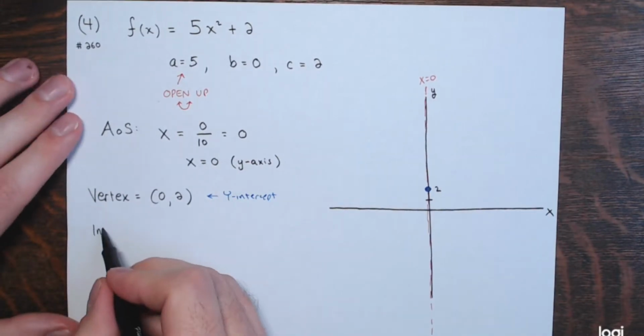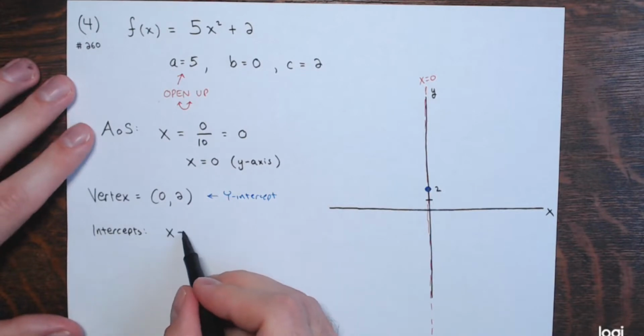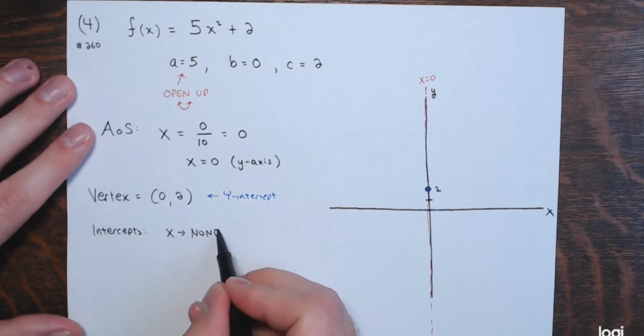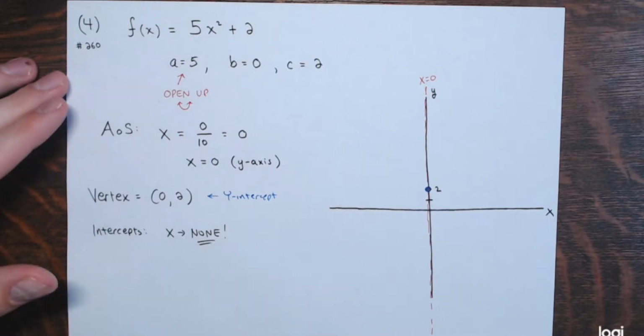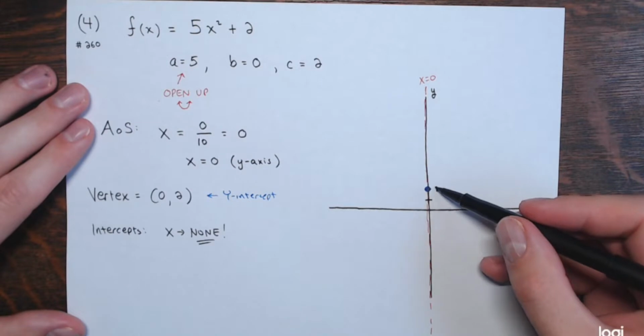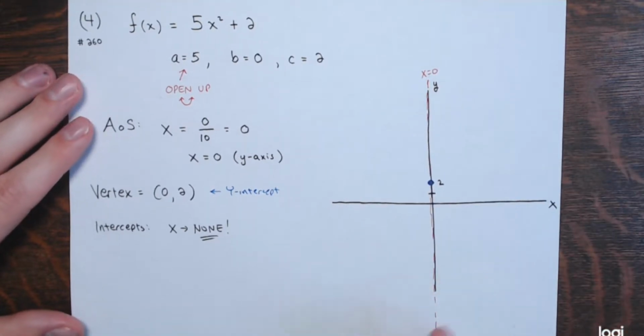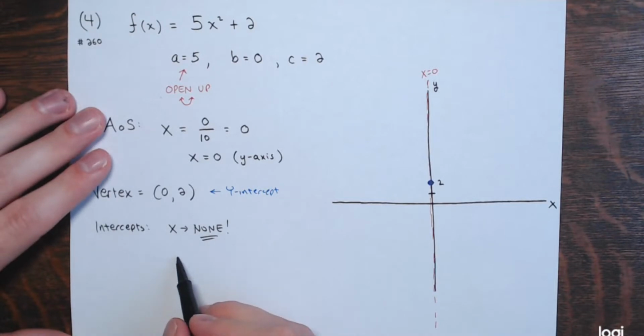And when I go to find the intercepts, there are no x-intercepts, right? Because the vertex is above the x-axis, and it's going to be opening up. Now, if you didn't see that right away, you could try solving, when is 5x squared plus 2 equal to 0?